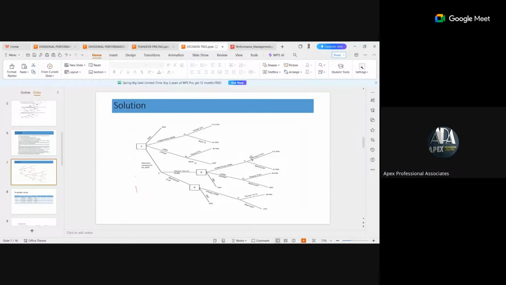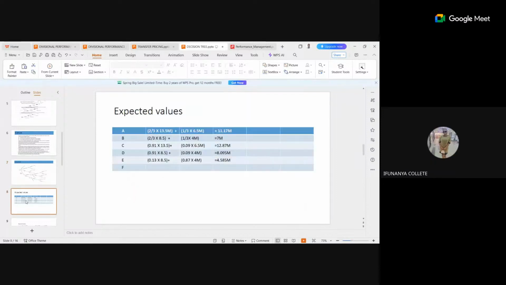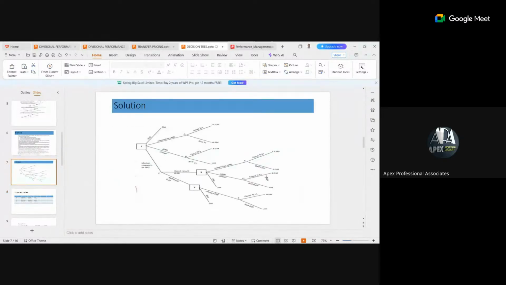It's C. C is giving us the highest expected value. C is giving us 12.87, right? Yes. All right.